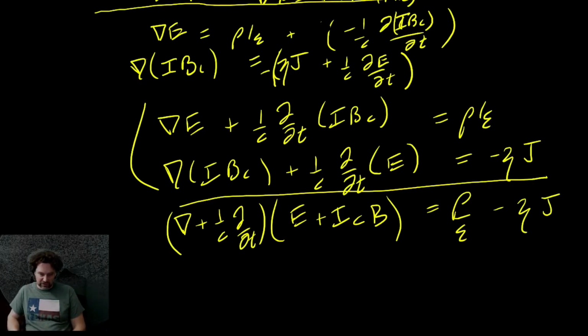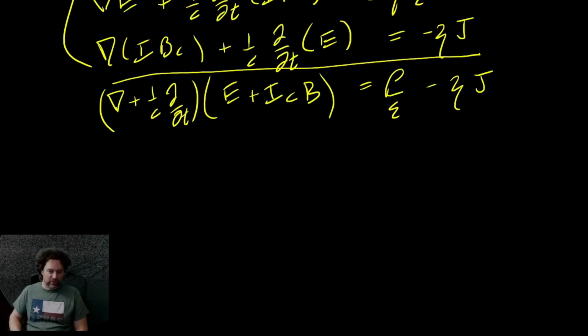So just to verify our terms here, we had a grad E, and we have grad ICB, so there's those two terms. And we have 1 over C d dt of ICB and 1 over C d dt of E. And lo and behold, we now have a multivector equation for Maxwell's equation in multivector form.